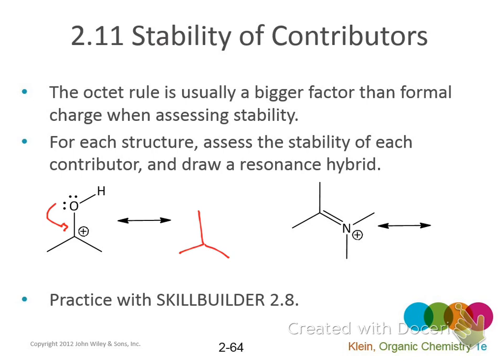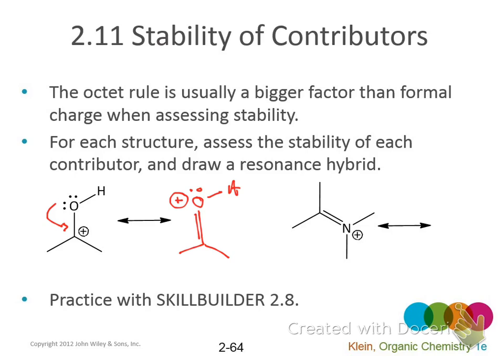Again, it's degrees of badness or degrees of goodness, depending on whether you're an optimist or pessimist. Right now I'm being pessimistic. Compare those two. Based on that first sentence, which one's more stable?